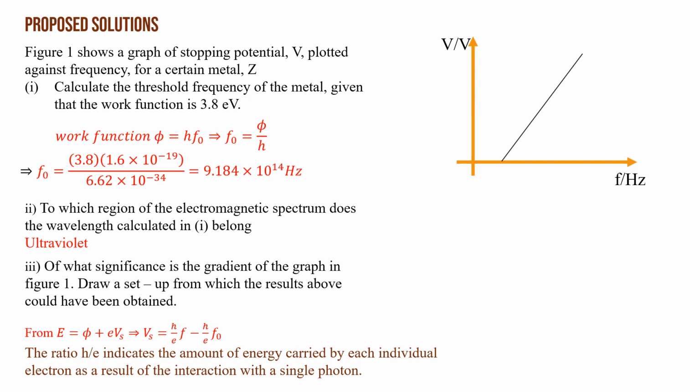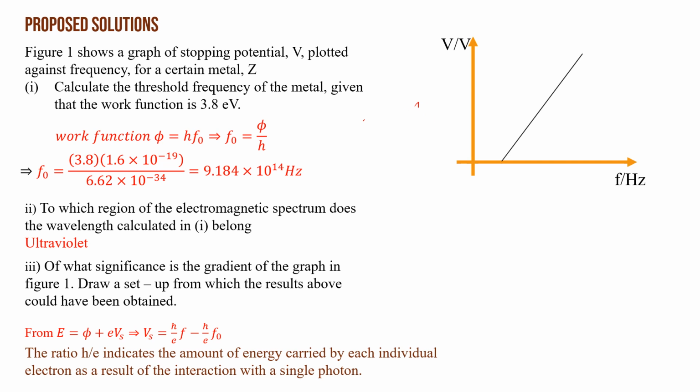Since it is in electron volts, we saw in the previous video that 1 electron volt is 1.6 times 10 to the negative 19 joules. So you multiply by that conversion factor and divide by the Planck's constant, and the result gives us 9.184 times 10 to the power 14 hertz.